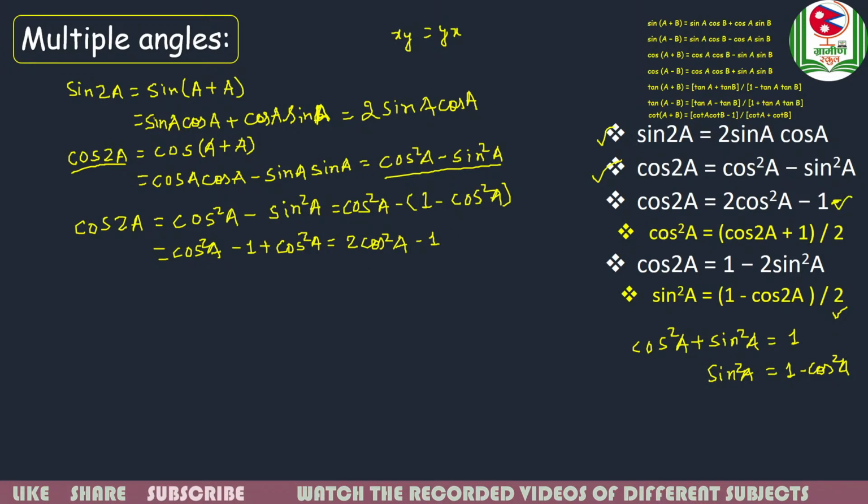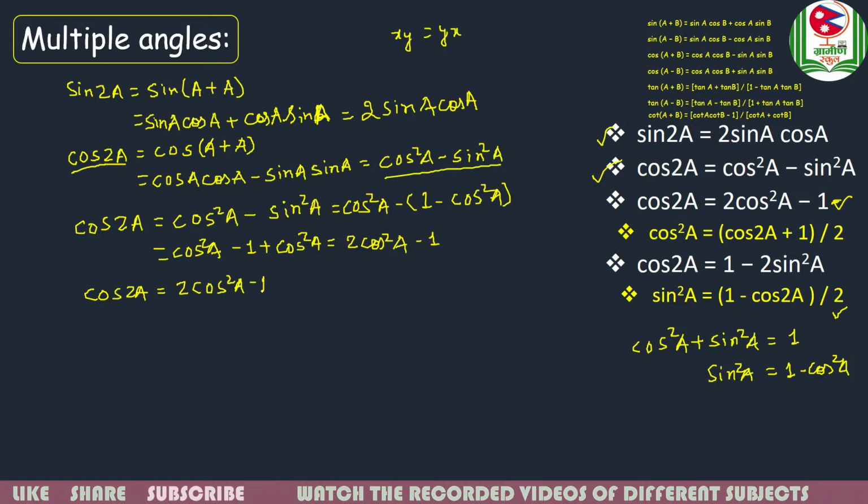And now from this we can also express cos 2a in the form of cos square a. For this, here we have cos 2a is equal to 2 cos square a minus 1.